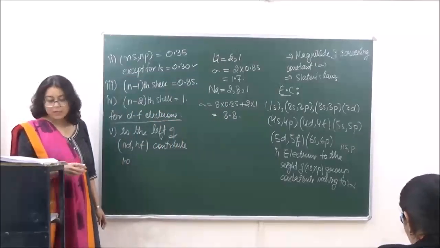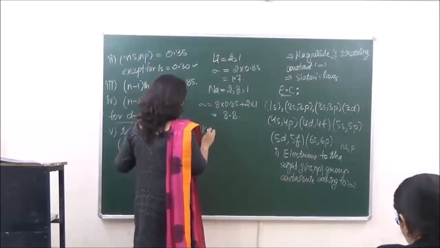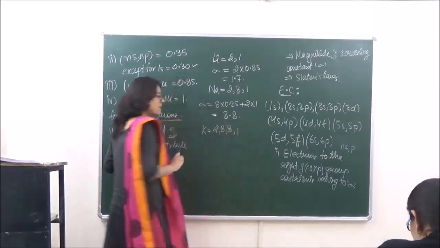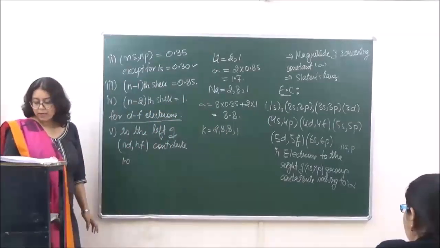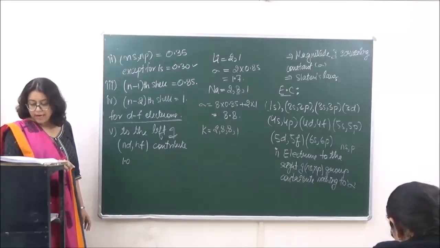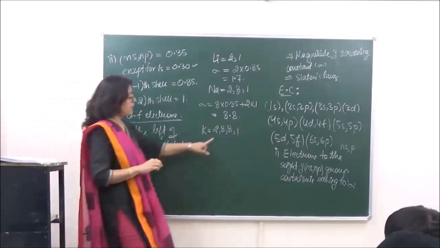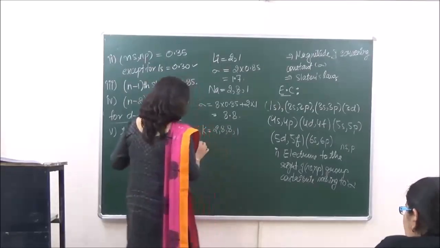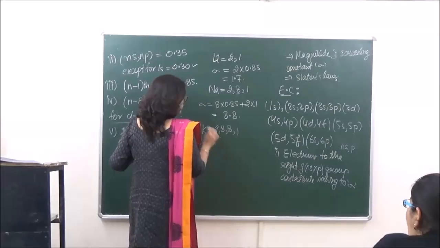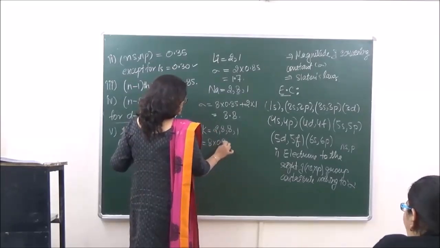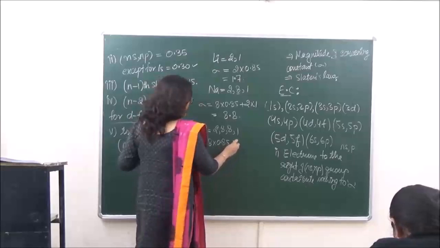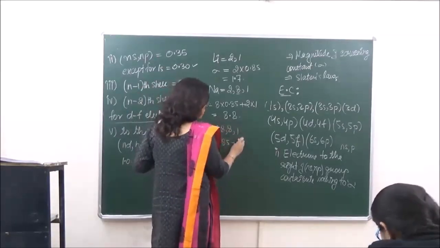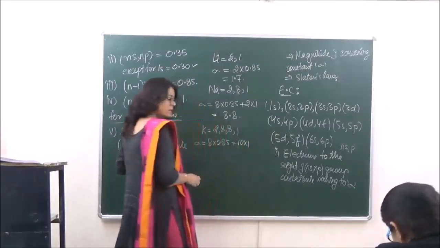Then let's go on to potassium. This is the electronic configuration 2 8 8 1. In the n minus 1 shell we have 8, so sigma will be equal to 8 into 0.85, and in n minus 2 there are 8 plus 2, 10, so 10 into 1.